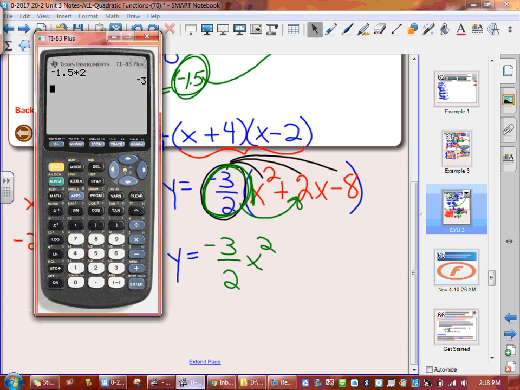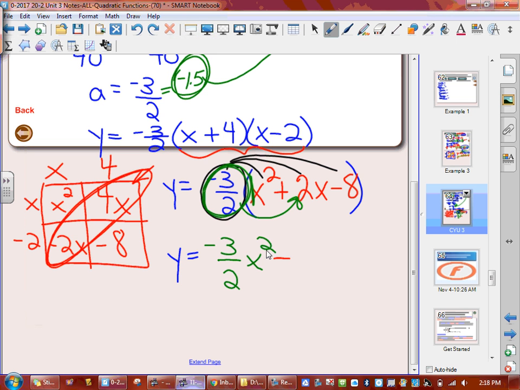So this is going to give us a negative 3x, and I would do the same thing with this negative 8 multiplying by the negative 3 over 2, and that'll give me a positive 12, no more fraction. So my final answer in general form is negative 3 over 2 x squared minus 3x plus 12. Check your work and make sure they match.